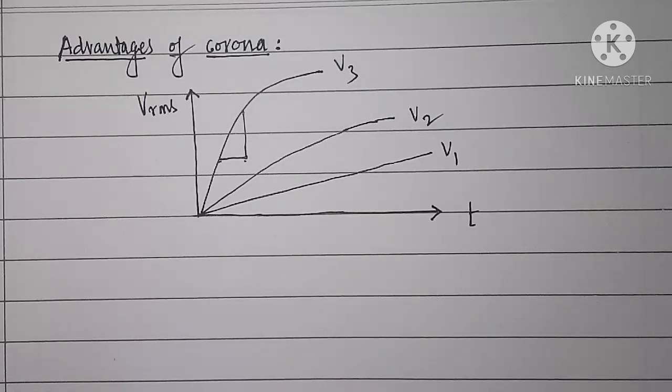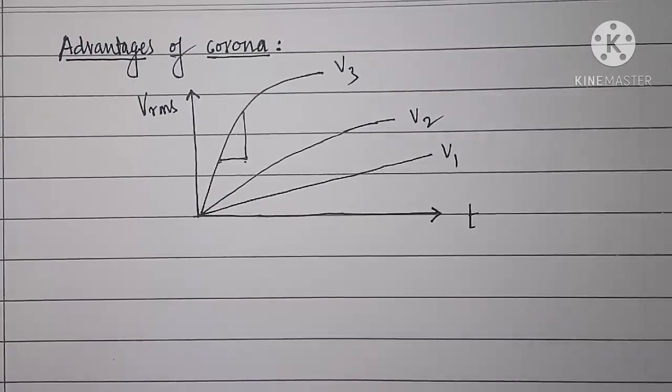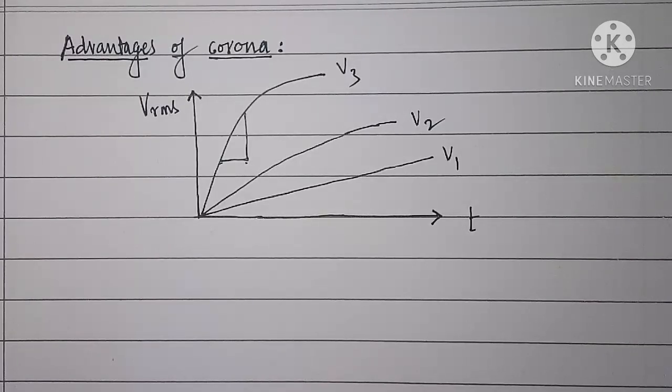The dissipation of energy in the switching surges and lightning surges protects the various insulators used in the power system. So I'll write that here.